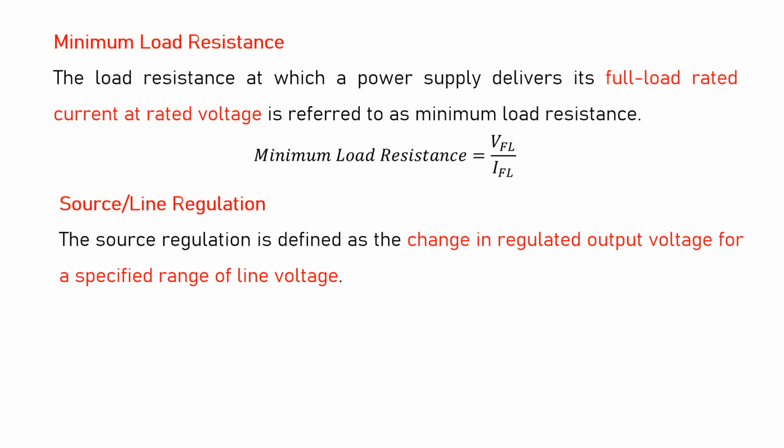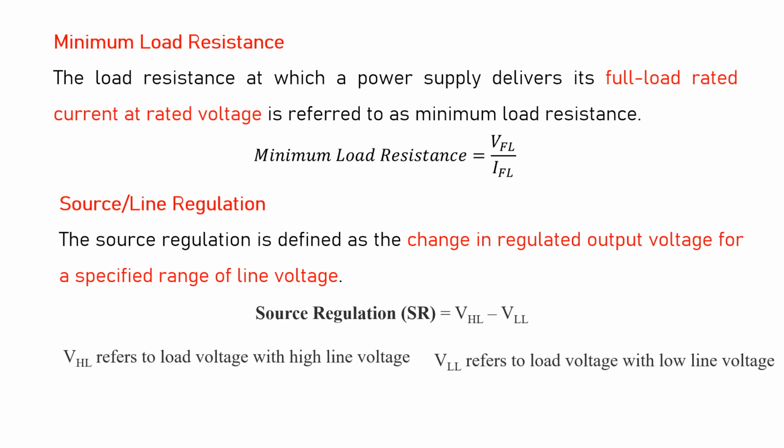That change is represented as source regulation, denoted SR, equal to VHL minus VLL, where VHL refers to the load voltage with high line voltage and VLL refers to the load voltage with low line voltage. It can also be expressed as a percentage: percentage source regulation equals (VHL minus VLL) divided by V nominal times 100. V nominal is the nominal AC voltage we consider.